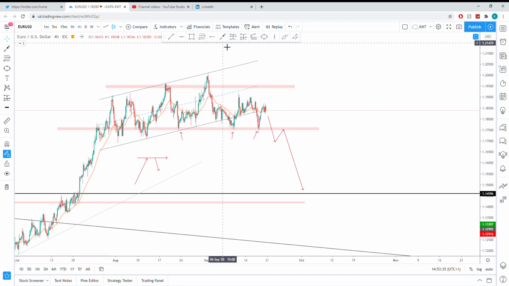If I am looking for the alternative route, I did remember to say at the start that I'm going to give you guys a second option, and that would be a buy. Now the buying condition for me would only be above this zone here, so 1.195.